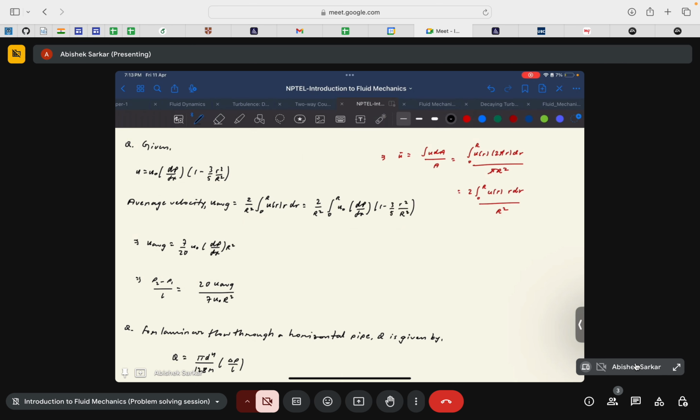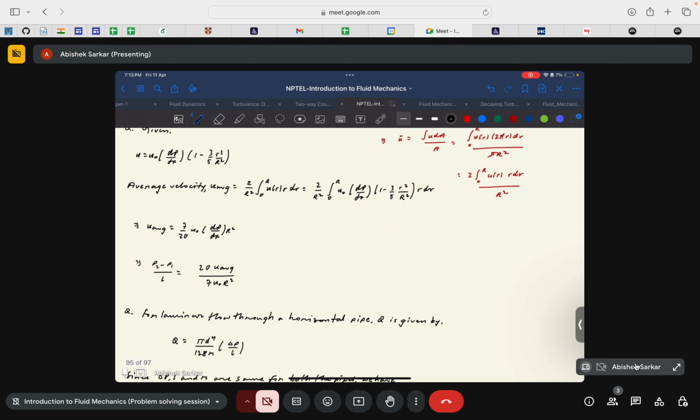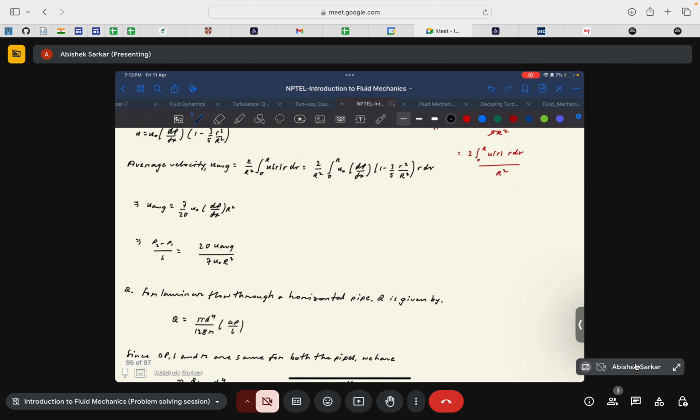Once you do that, you will get that u average is 7 by 20 u naught dp by dx R square. I usually like to do the integration, but I was in a very rush this week, so I skipped the part. But you can try it out. It should be like that.